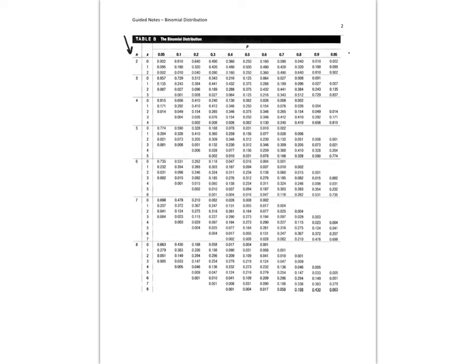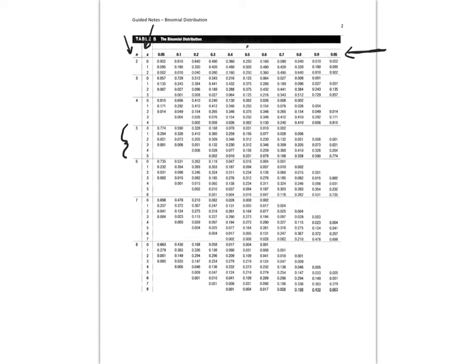And these numbers across the top are values of p. So in the problem we were working on, n is 5. So here n is 5. This is the only part of the table we're looking for. And then your x values are your second column.